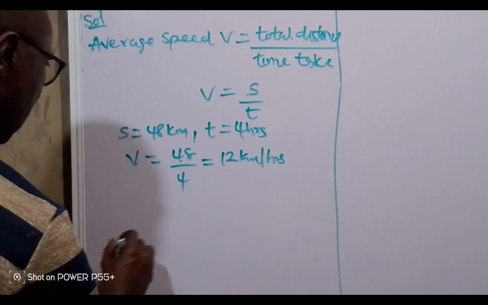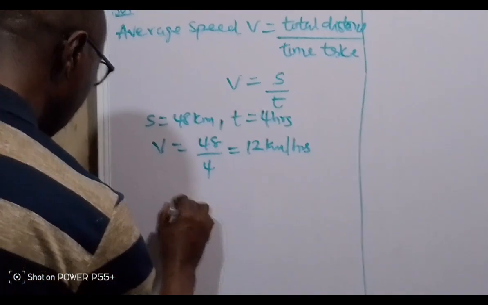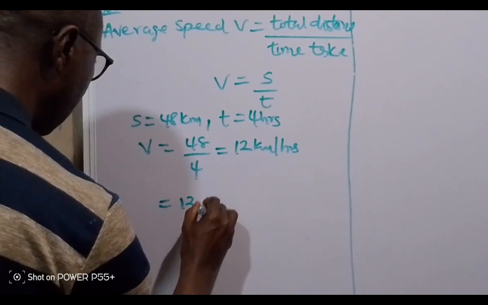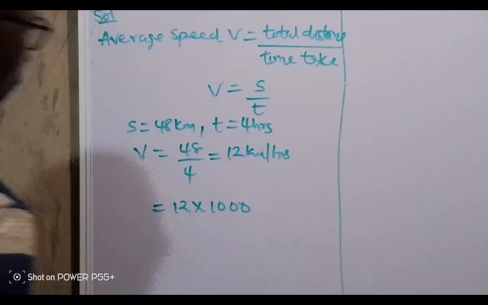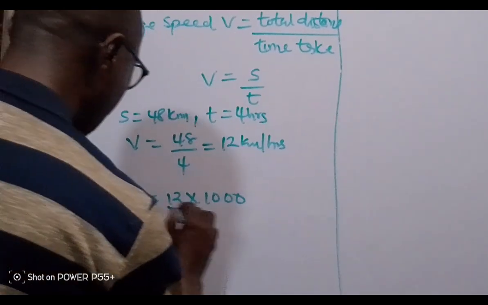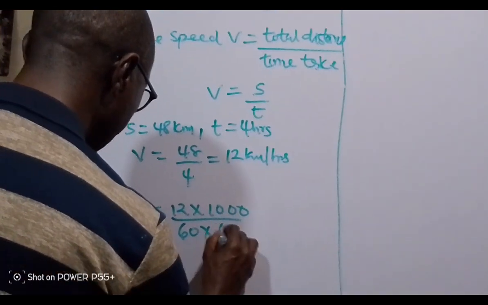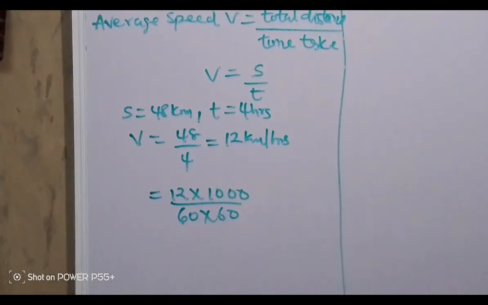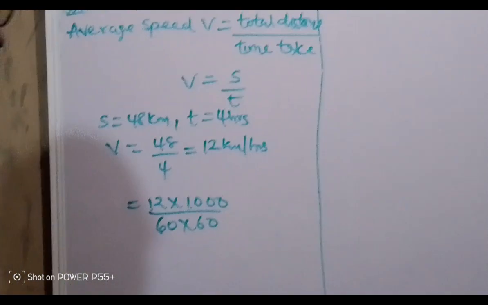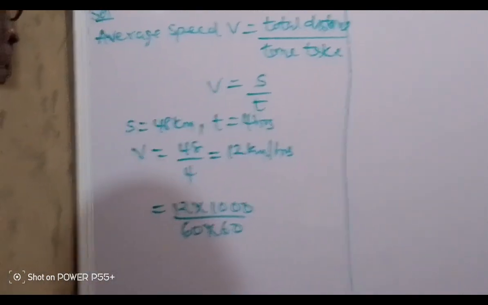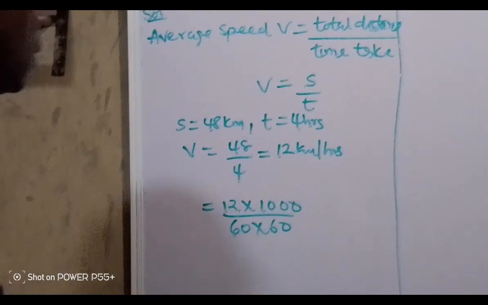To convert kilometers to meters, we have 12 multiplied by 1000, and we have hour, that is over 60 multiplied by 60. That is, 60 minutes is equal to 1 hour, and 60 seconds is equal to 1 minute.